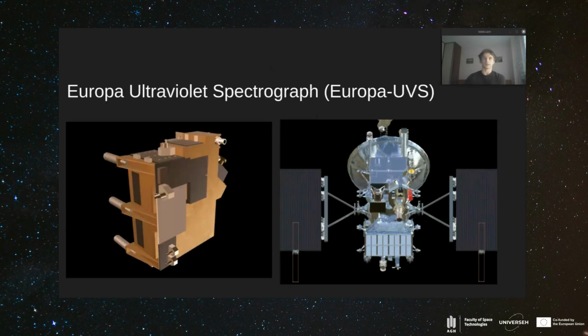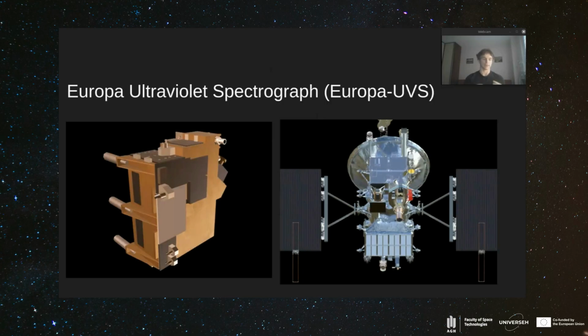Europa UVS will be collecting ultraviolet light from the structure of Europa's surface and atmosphere. It's, I think, important to say that ultraviolet light has very small wavelength and high energy. Because of the small wavelength, it won't be able to pierce through the surface.